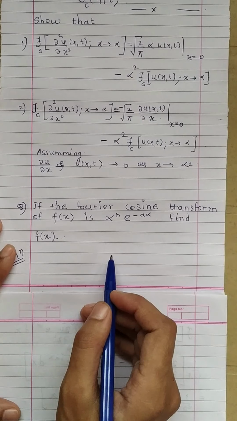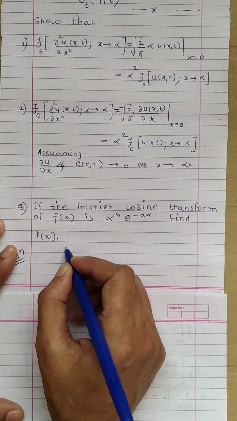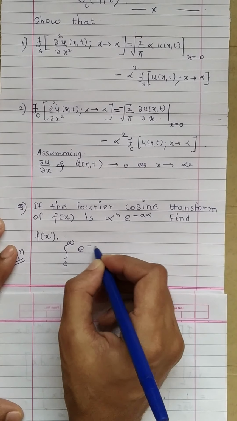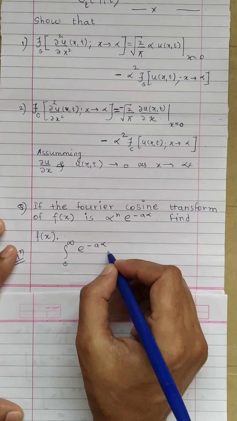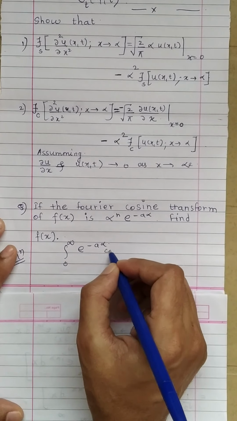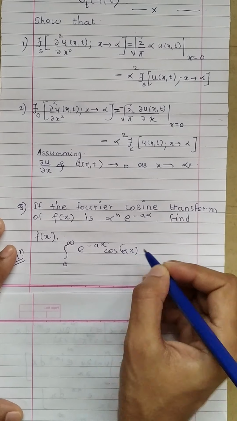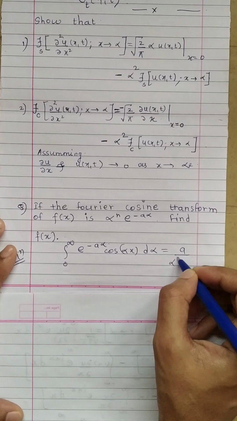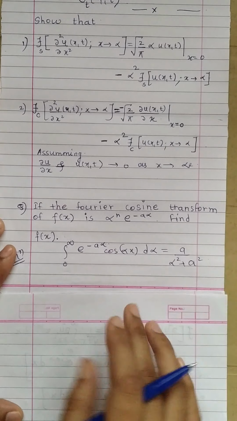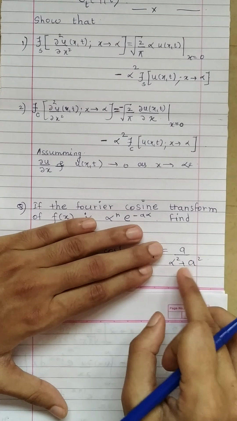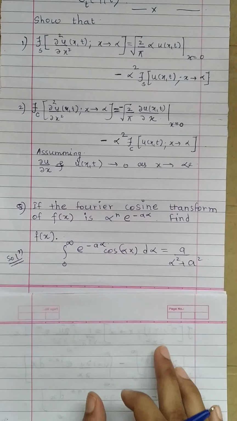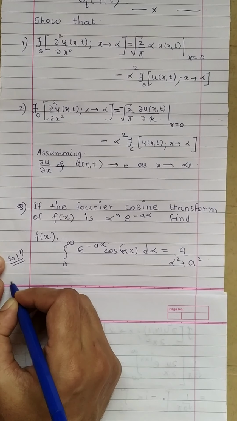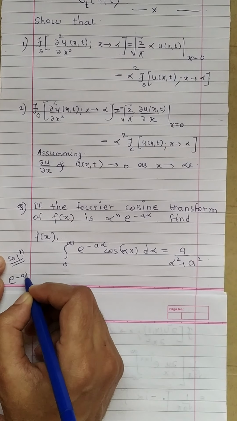If you remember, we have already seen that the Fourier cosine transform of the function e raised to minus ax is given by this into root of 2 by pi.